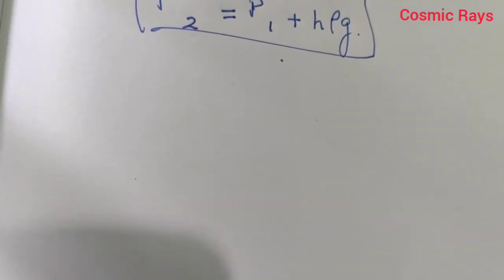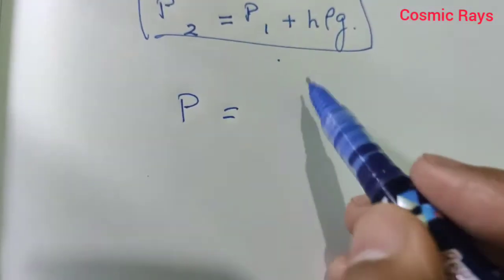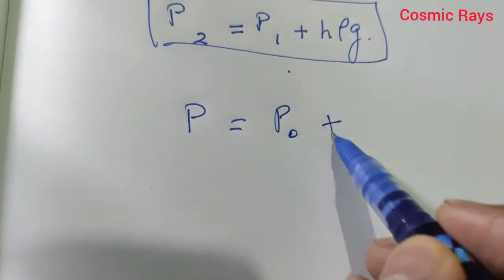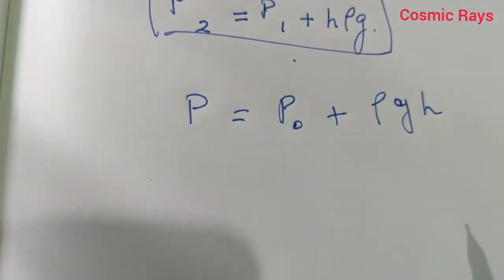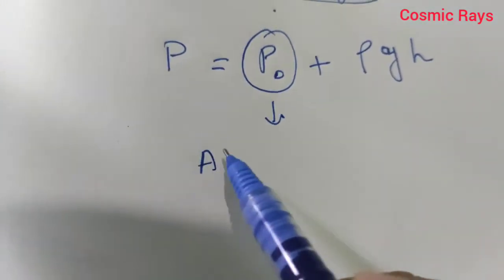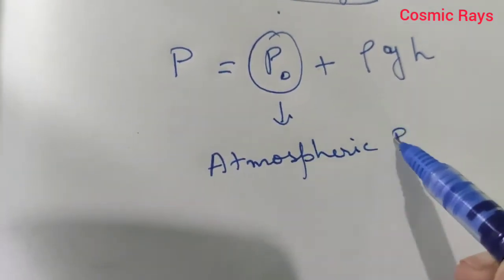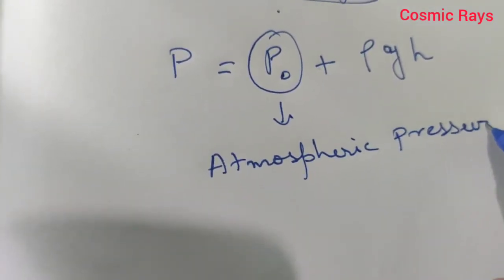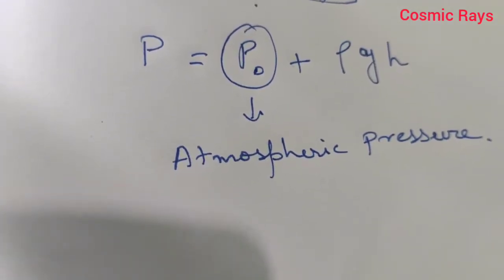So because of that atmospheric pressure, the overall pressure will be given as P equal to P naught plus rho hg or rho gh. This term P naught represents atmospheric pressure, which will increase as we go deeper into the liquid.